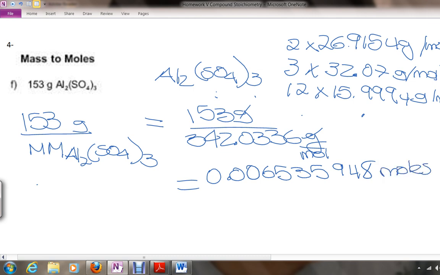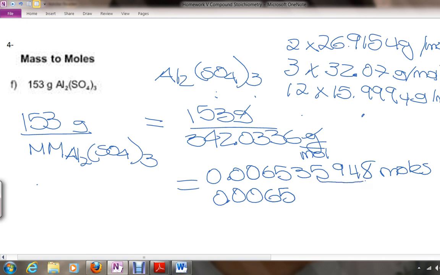Now listen to me. We need three sig figs, so we have to round it. This is why the first part of this course is so important, the rounding. 1, 2, 3 sig figs: 0.0065. Now we have to round it.